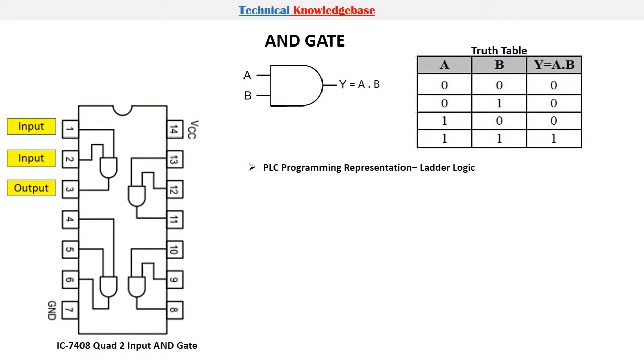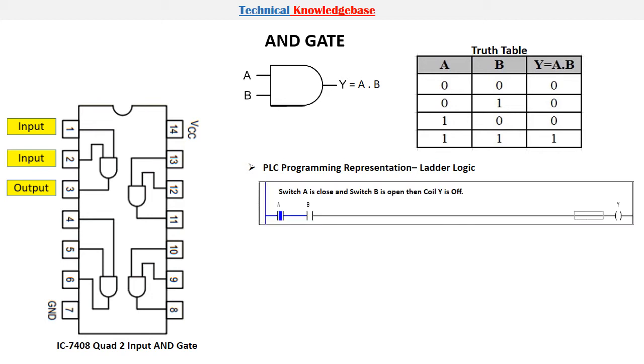Then we see the PLC program representation for the AND gate. It is in ladder logic, and it is very simple actually. A into B means we have used two NO contacts in series and one coil for our understanding. Here A is on, a normal NO switch, normally open, and B is off. So we have made the combination for 1 and 0, and the output is 0.